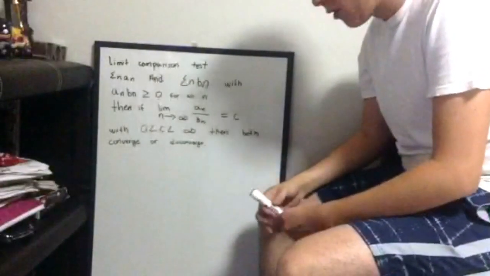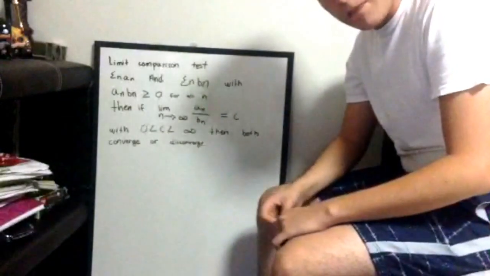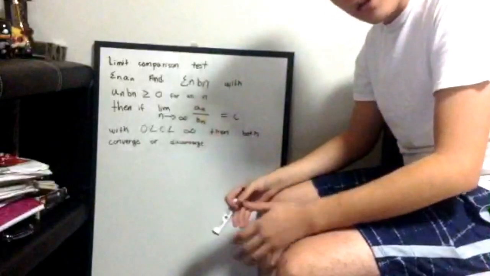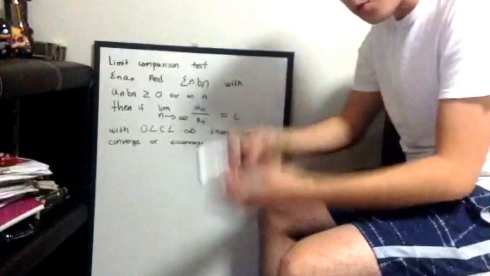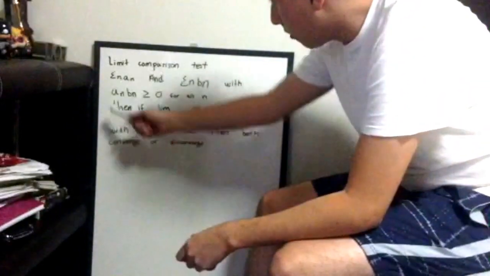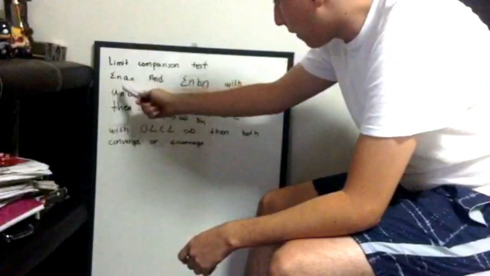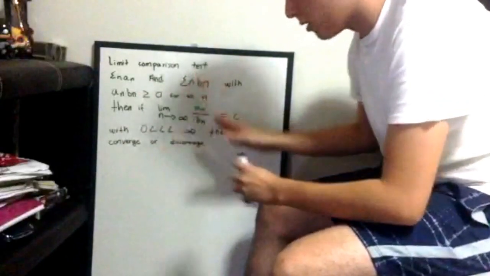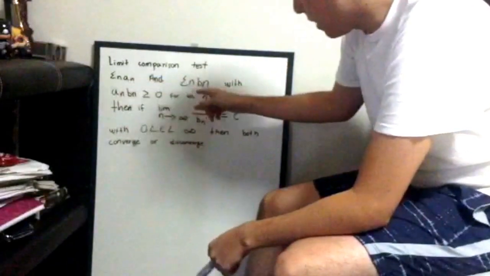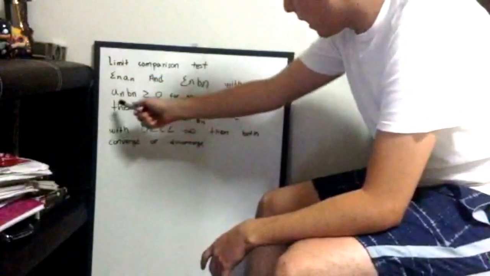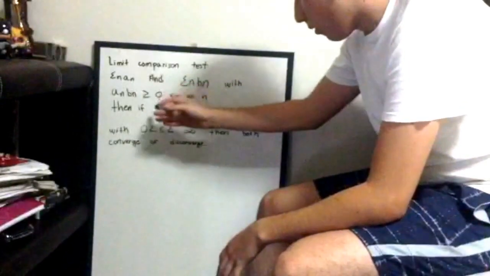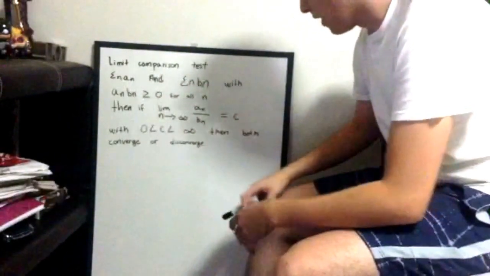Welcome. Today we're going to talk about the limit comparison test. This test is meant for two series to know if they converge or not. And its statement is as follows. Suppose that you have two series, the sum of a_n and the sum of b_n, with a_n and b_n bigger or equal to 0 for all values of n.